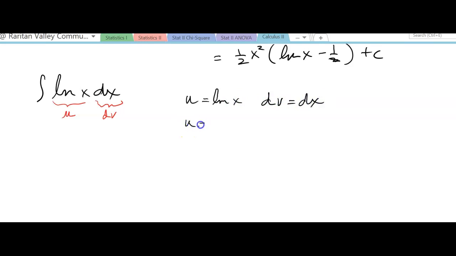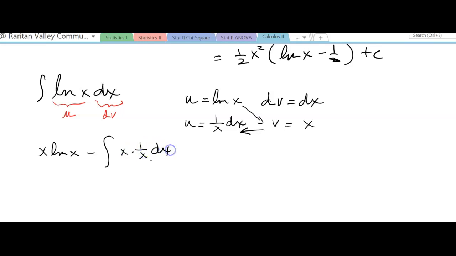Well, we know du is 1 over x dx. v is the integral of dx, which is just going to be x. Do your little arrow thingy and then go this way. So uv is x ln x minus the integral of x times 1 over x dx.